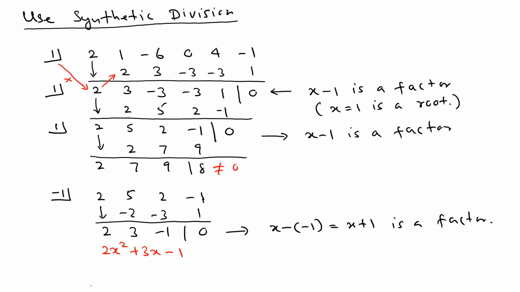So let's see how the rest of the work follows. So we can write, thus the factors: 2x to the 5th plus x to the 4th power minus 6x cubed plus 4x minus 1.